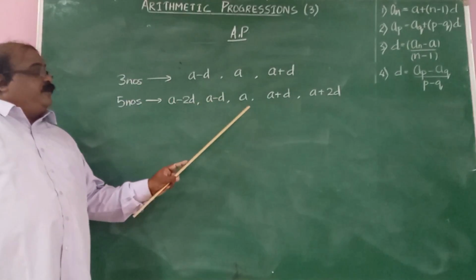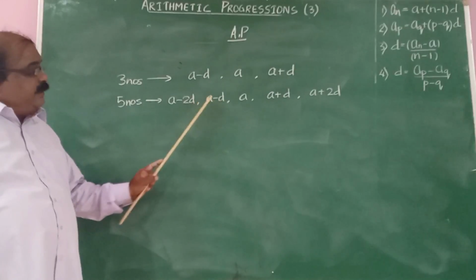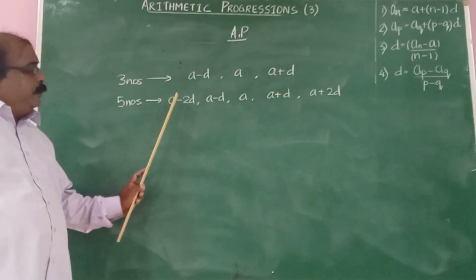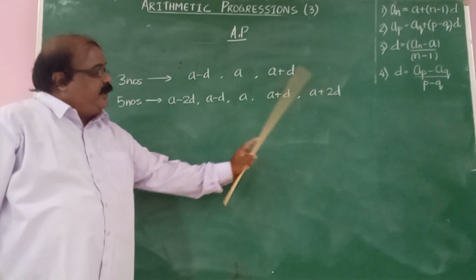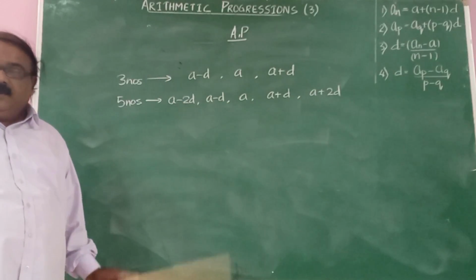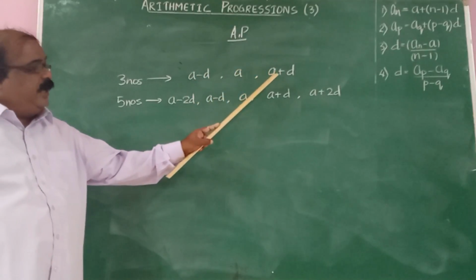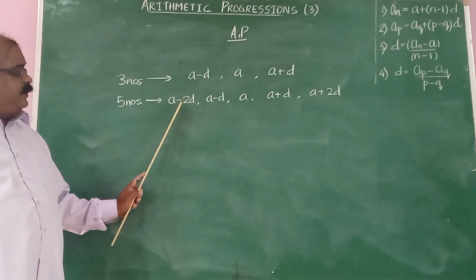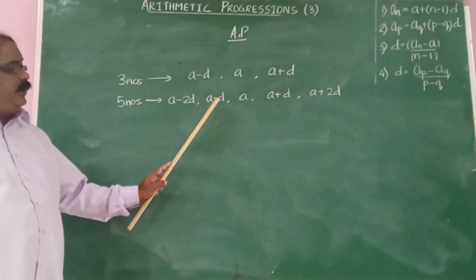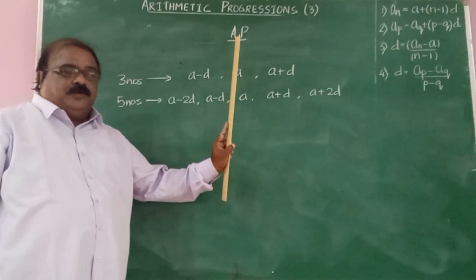So whenever I say 5 terms are in AP and their sum is given, minus D and plus D cancel, minus 2D plus 2D cancel, at once you will get the value of A. Is that clear? If 3 numbers are in AP, A minus D, A, A plus D. If 5 numbers are in AP, A minus 2D, A minus D, A, A plus D, A plus 2D.